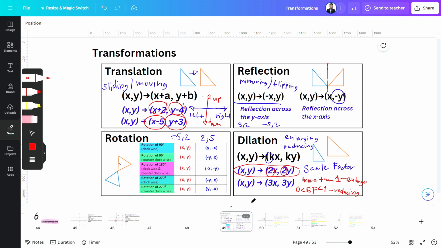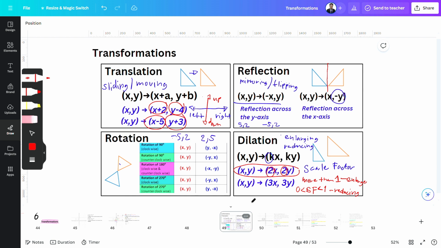So we're trying to reduce the figure using a scale factor of 1 half. Again, examples of more than 1, enlarging, we have 2, 3, 1.1, 1.2, 1.3. However, if the scale factor is more than 0 but less than 1, it's reducing.